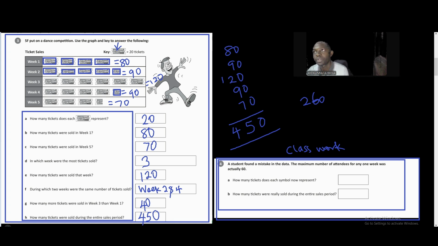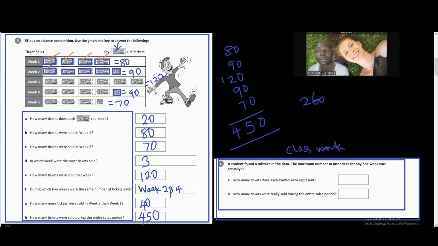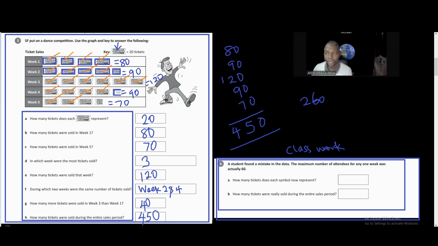Let us check for 3. 3, 6, 9, 12, 15, 18, 21, 24, 27, 30, 33, 36, 39, 42, 45, 48, 51, 54, 57, 60. There still remain some, so it has still passed 60 a little bit.